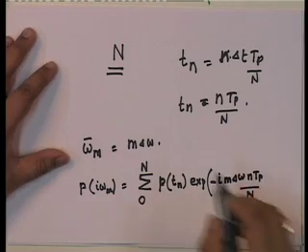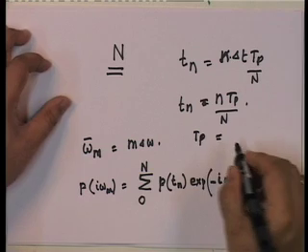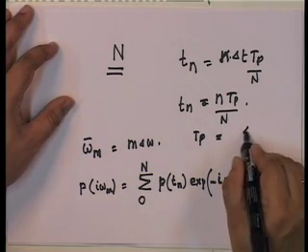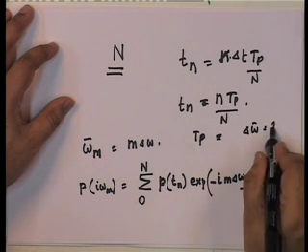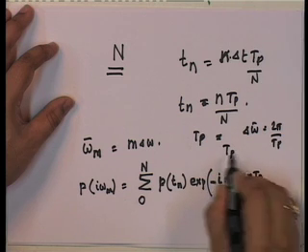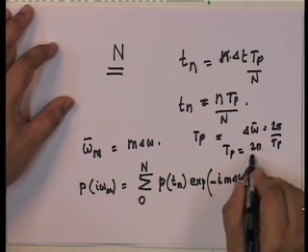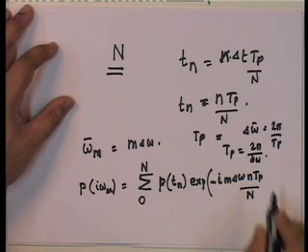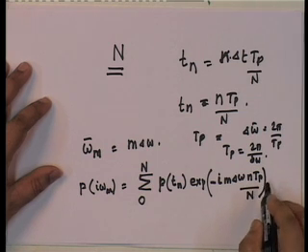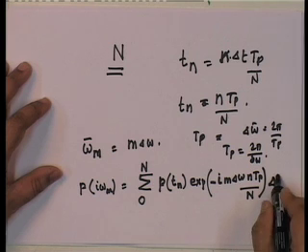Now, let us look at what Tp is equal to. We had already said it. Delta omega bar is equal to 2 pi upon Tp. So, Tp is equal to 2 pi upon delta omega bar. So, this is my term, into delta t.